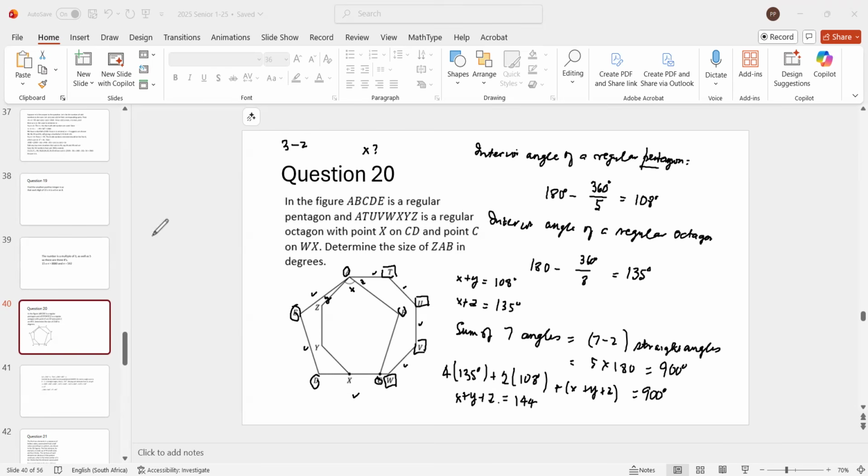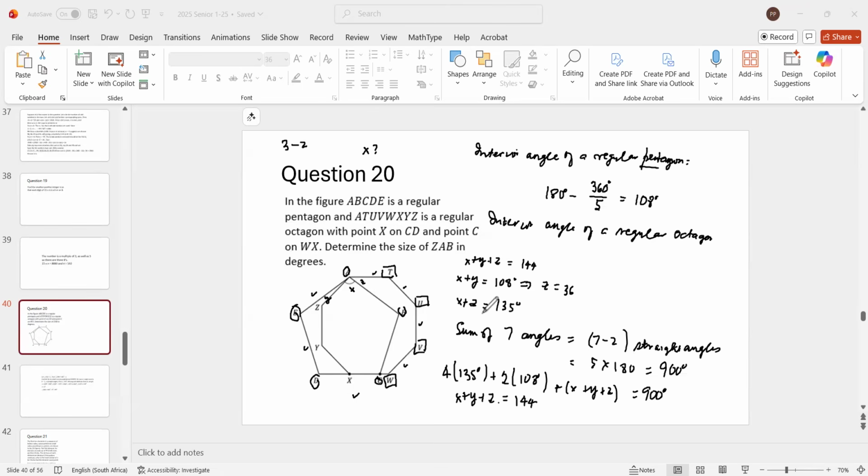I'm going to just take this thing out from here to create some space. Now we got X plus Y plus Z is 144. So Z is equal to 36.